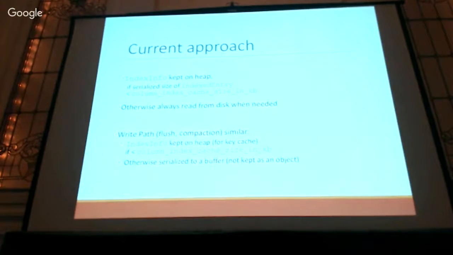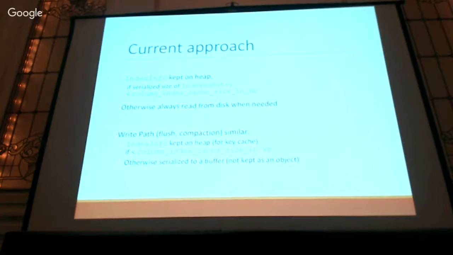Then we came up with another approach: we keep these objects only if the partition itself, or rather the serialized size of the data in the primary index, is below a certain size. And that's a new configuration parameter in the cassandra.yaml file. It's called column_index_cache_size_in_kb.